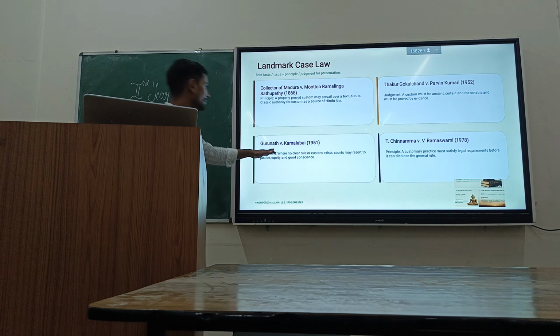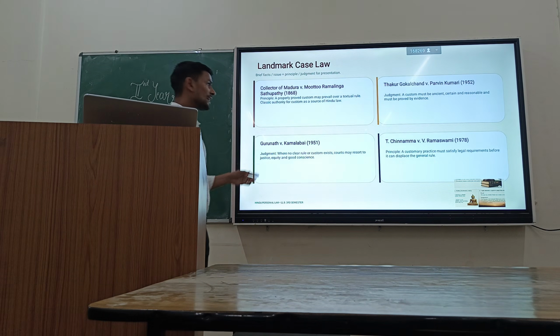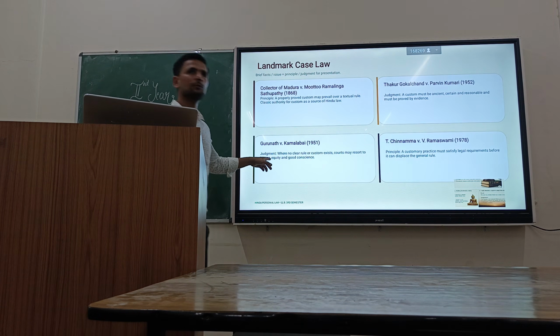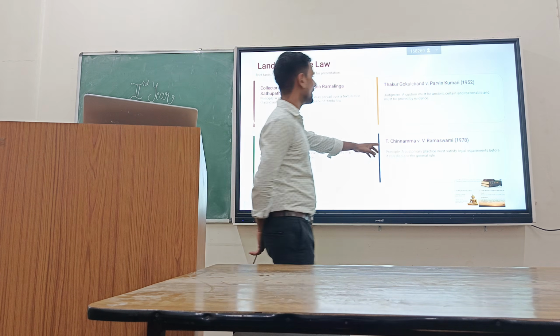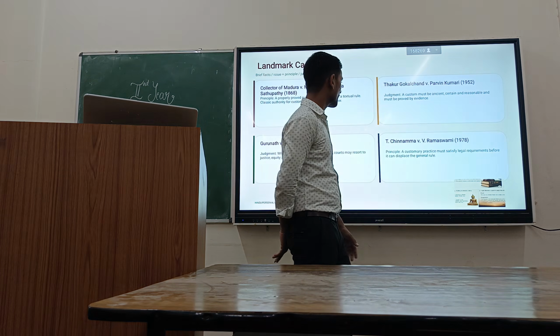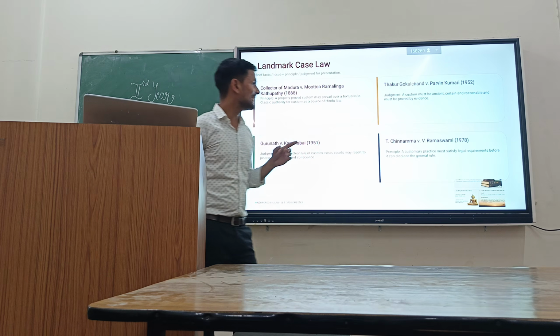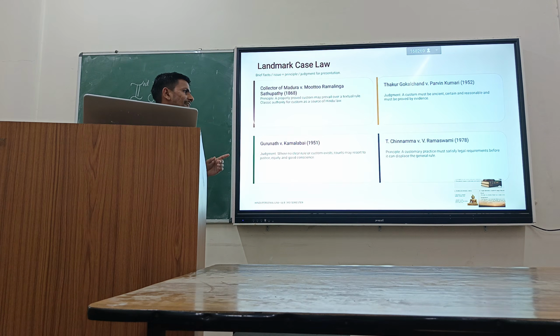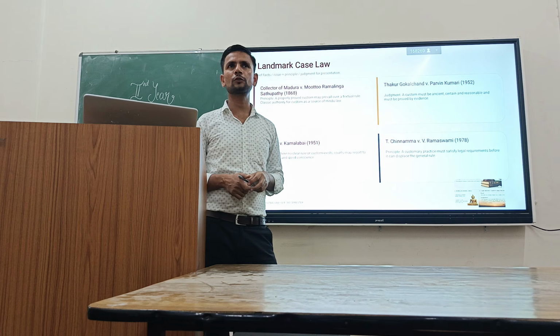Then we have Gurunath versus Kamla. In this, when no clear rule or custom exists, the court may resort to justice, equity and good conscience, which we saw in the last slide. And D. Chinnamma versus Ramaswamy in 1978, it was held that a customary practice must satisfy legal requirements before it can displace the general rule. So legal requirements should be there.